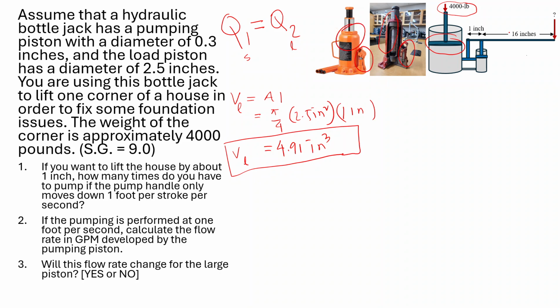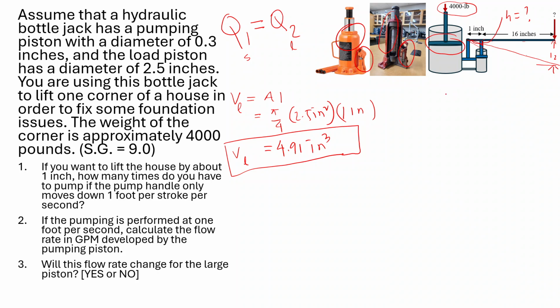Now the question says every time you pump it goes down about 12 inches approximately. So this is 12 inches from here to, let's say, it's going down up to this. So you can compare this large triangle with this small triangle made here. We can calculate the height of the small piston movement if we move 12 inches down this handle.